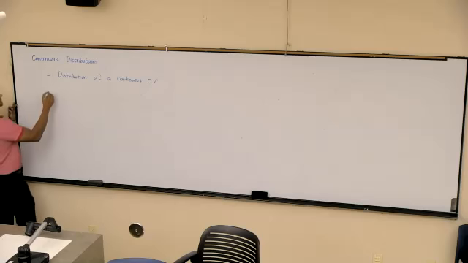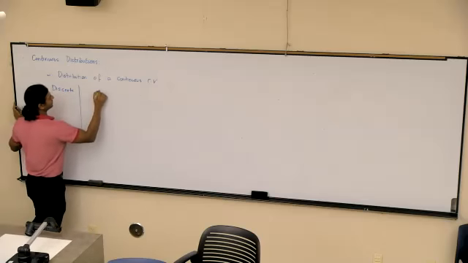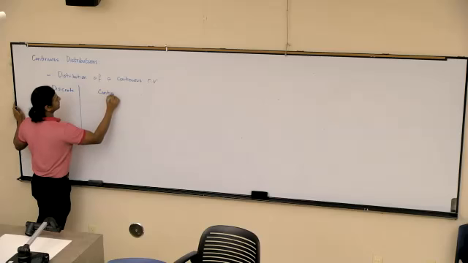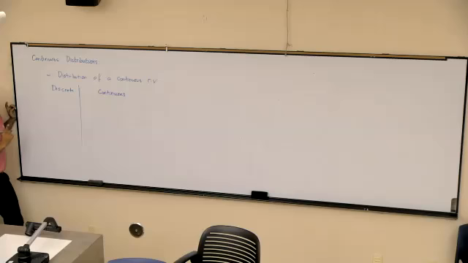When it comes to discrete random variables, we call it the probability mass function.